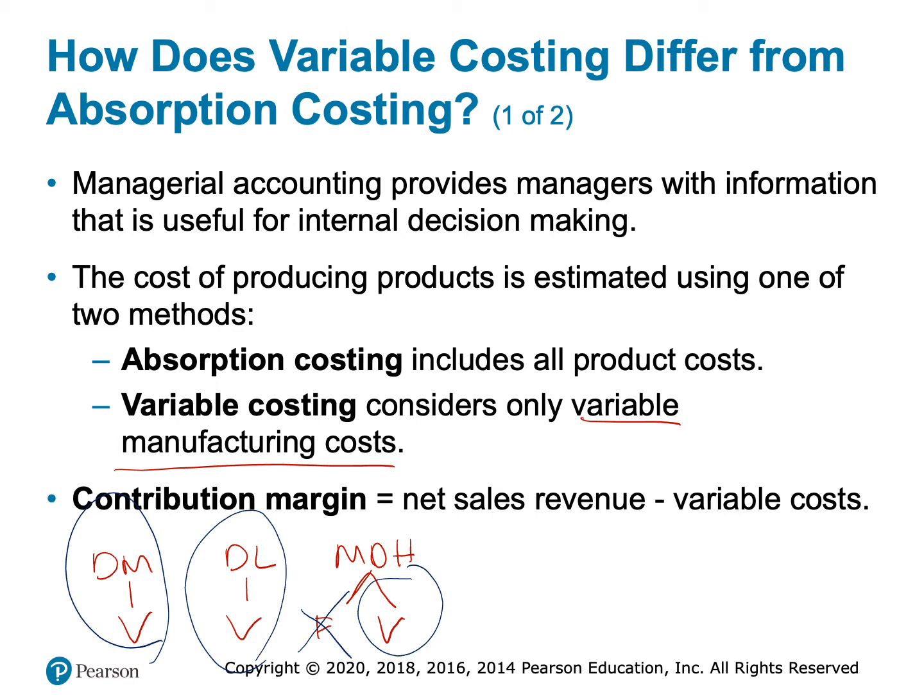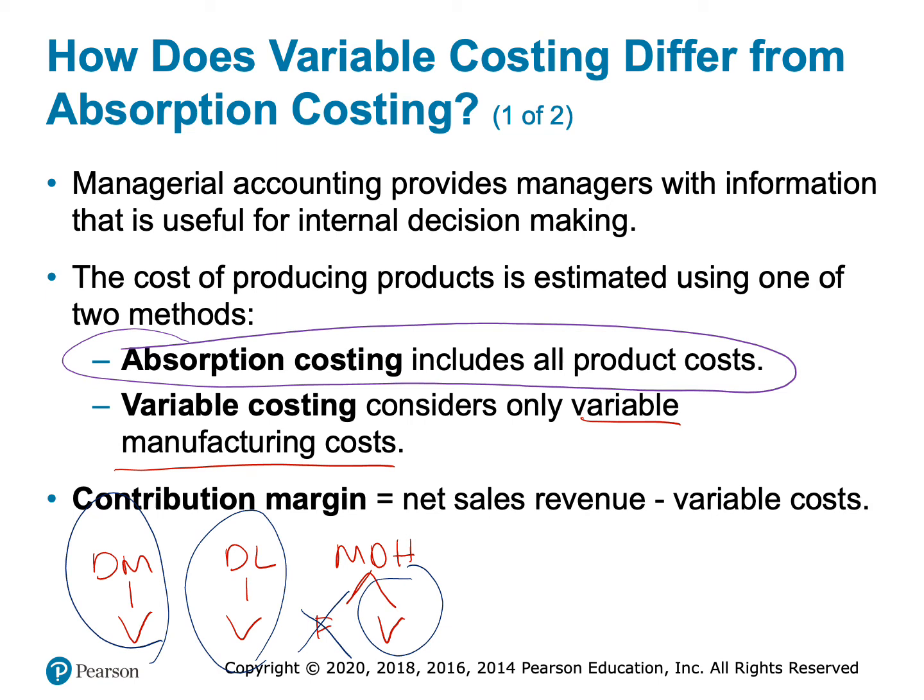Now, absorption costing is what we have always been doing. You just didn't know it was called absorption costing. Absorption costing is the whole thing that we've always done, where materials, labor, and all overhead is a product cost. And variable costing is where we're just temporarily pretending that fixed overhead is not a product cost, just for the purposes of making this temporary decision.